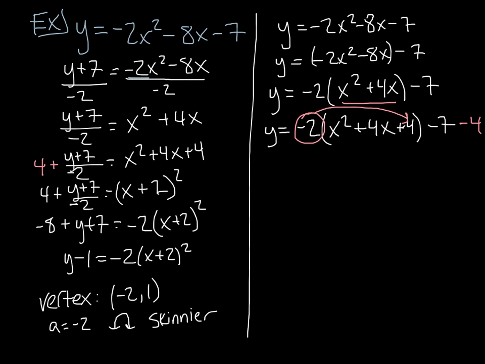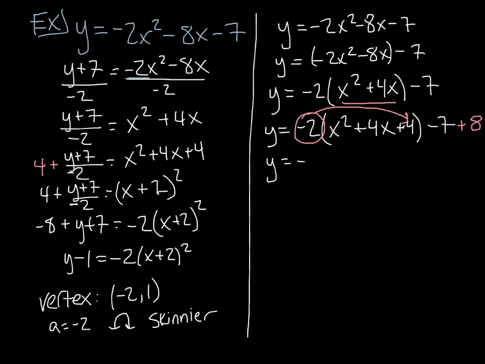So if I'm actually subtracting 8, I can't add 4 or subtract 4 here. I actually need to add 8 to counterbalance what I've done inside the parentheses. So essentially I've added 0, all right? So this is the one little trick with this. And it's easy to make mistakes here, so make sure you go slow.